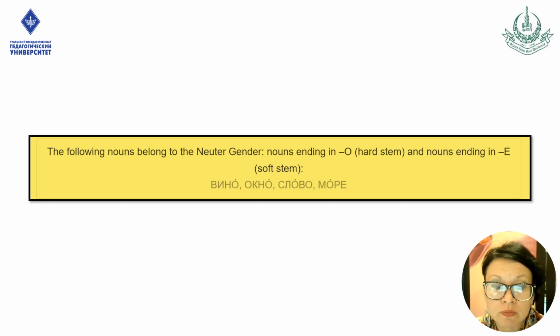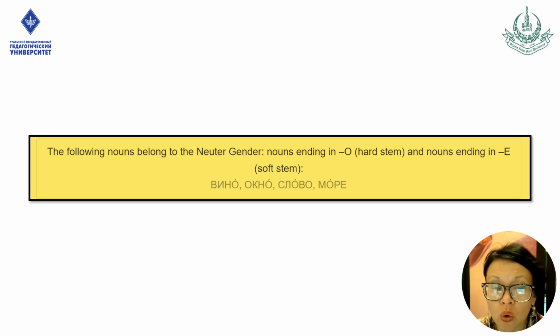The following nouns belong to the neutral gender: nouns ending in о, hard stem, and nouns ending in е, soft stem. For example, вино, окно, слово, море. Right? So each time when you see о ending, you may realize that this is the case of a neutral gender noun.